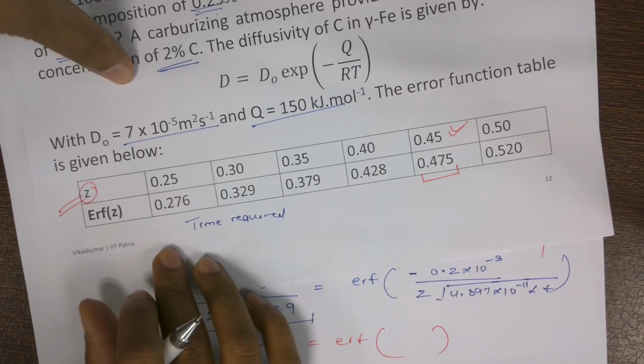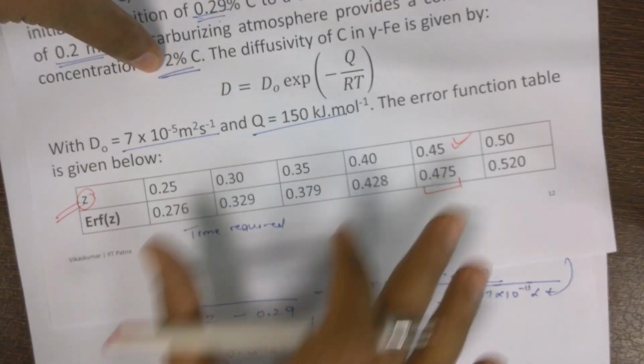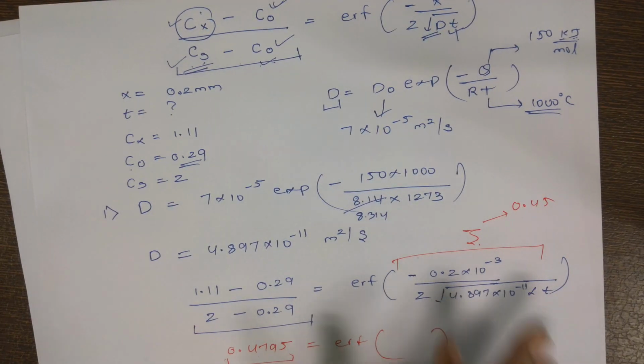You will also find a similar question in the assignment, and you will find that the table will be given to you. Now we have to solve this. Let's write the equation that we have to solve.